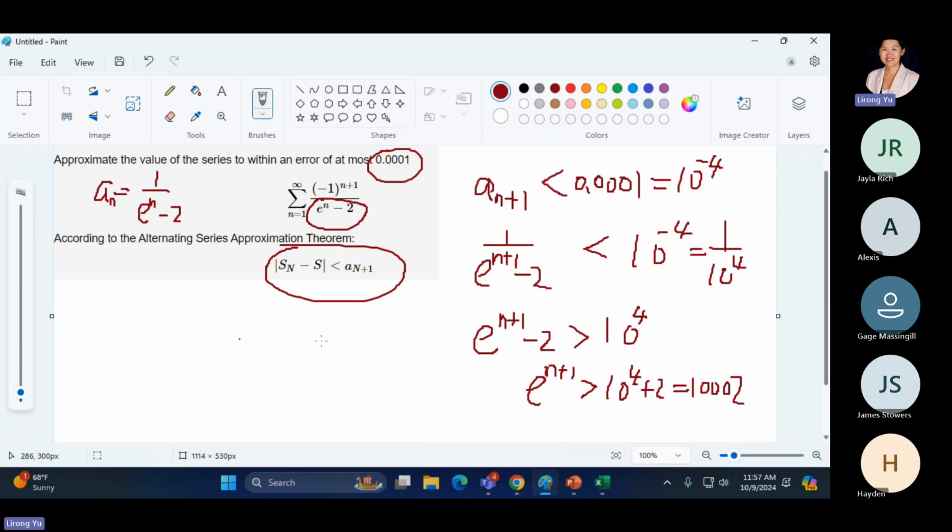And then we want to find n. You want to take the natural log of both sides. So n plus 1 is bigger than the natural log of 10002. And of course, n will be bigger than the natural log of 10002 minus 1. Of course, this will be a large decimal number.